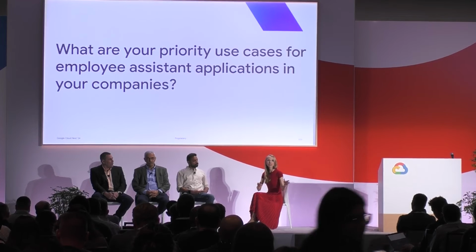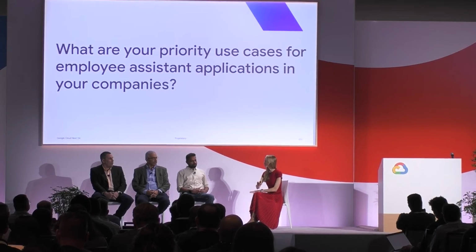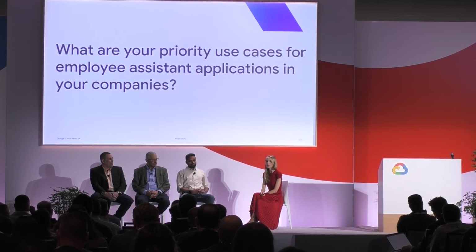The second one is almost acting like a tier 0 support, right? A lot of times we just want to get an instant answer so that we're not spending time looking for that. I think that's where these employee assistants have been very useful. So that's the breadth of use cases, and I hope the audience can identify with some of them as well. These are the ones that we've seen a lot of times.